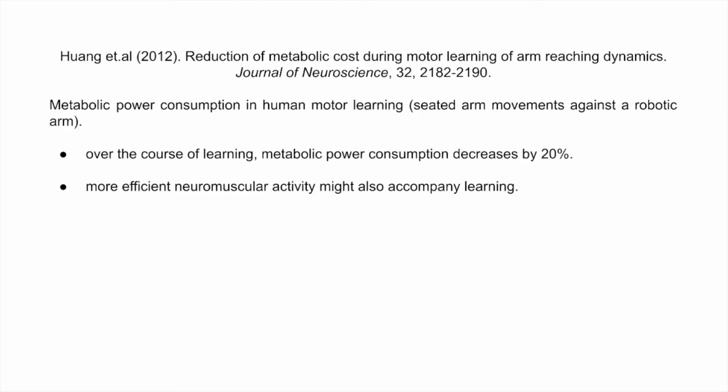And again, we can go back to how this power, this energy consumption trade-off works in human motor learning. So this paper talks about metabolic power consumption in human motor learning. And as it turns out, learning and using these arrays and using the environment to learn things reduces the cost of energy.